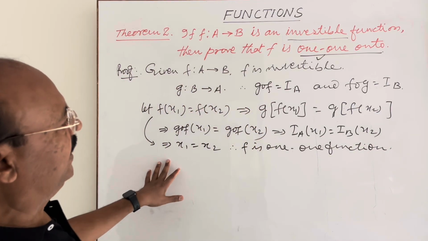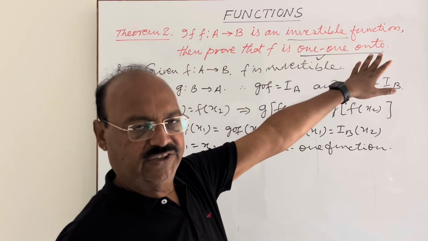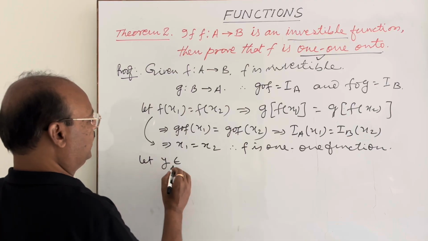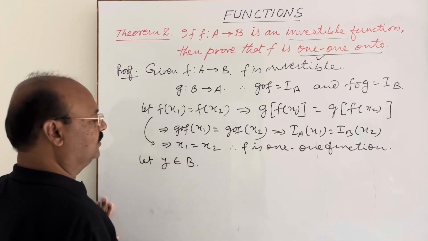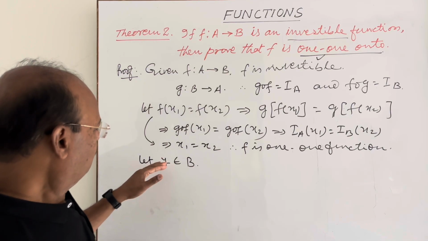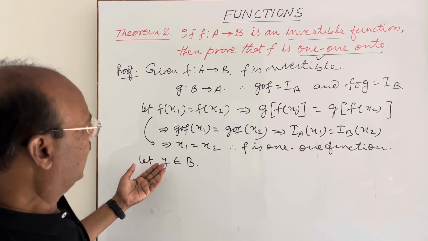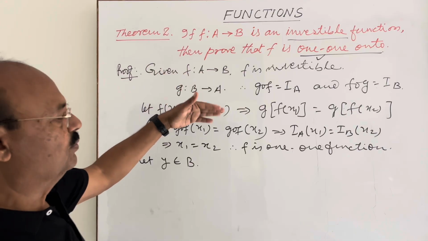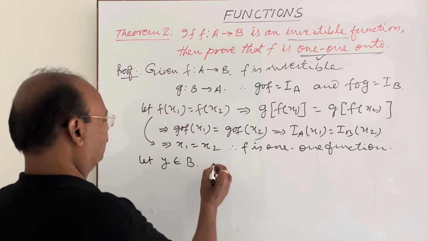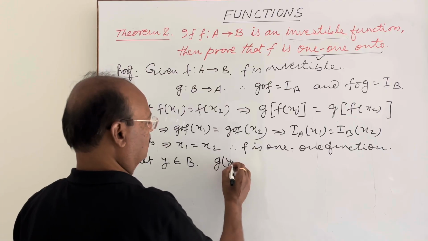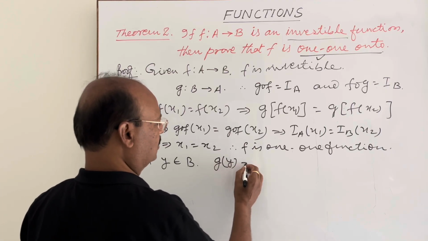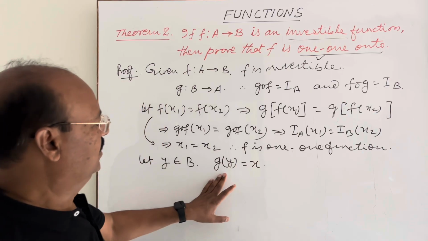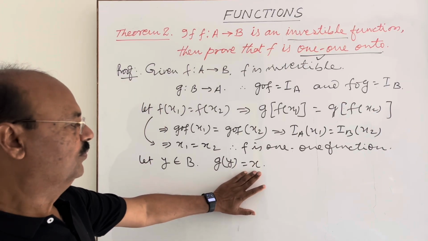Now we have to show that this function is an onto function. So let us suppose that y is any element in set B. As f is invertible, with respect to this f there must be a function, suppose g, whose pre-image in the domain is x. So we can write g(y) is equal to x.